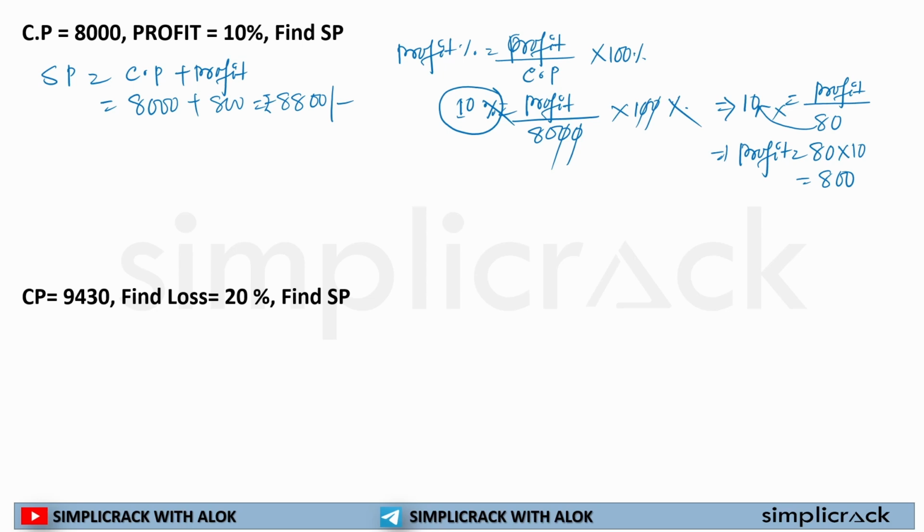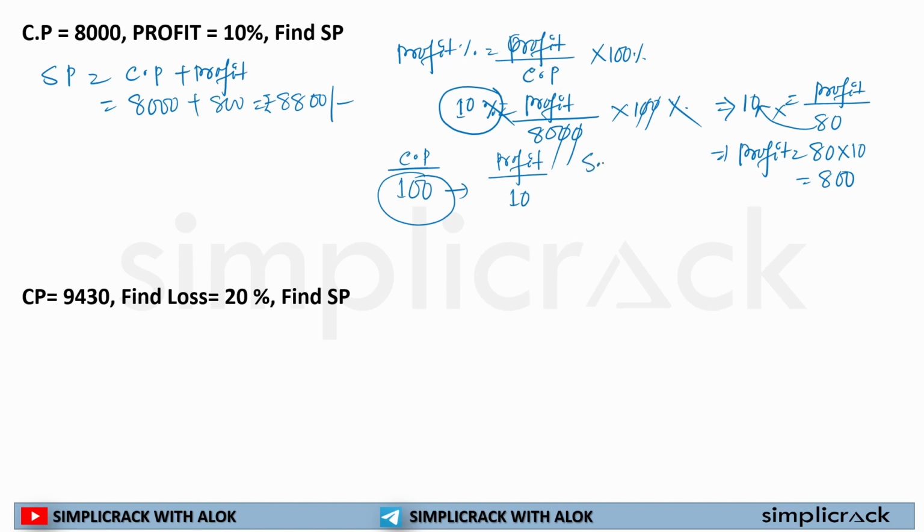Or the next method you can say, see, this is my cost price. My cost price was 100. I made a profit of 10 rupees on it.